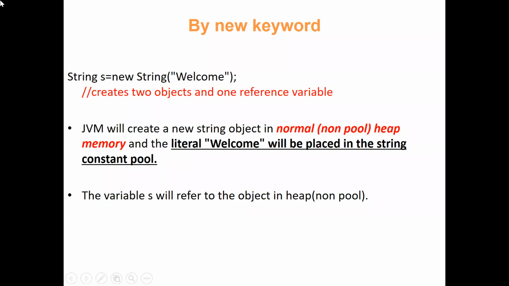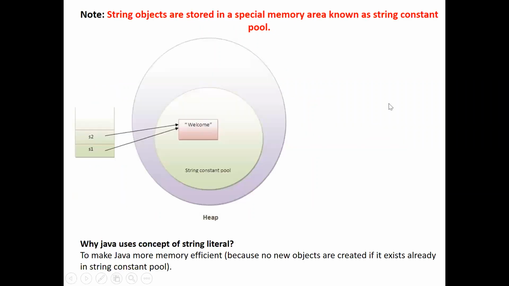In this case, JVM will not look for any existing object. It will go and create a new object in the heap. Whenever you use the new keyword, it will be stored outside of the string constant pool. Only through literals are string objects created in the string constant pool.